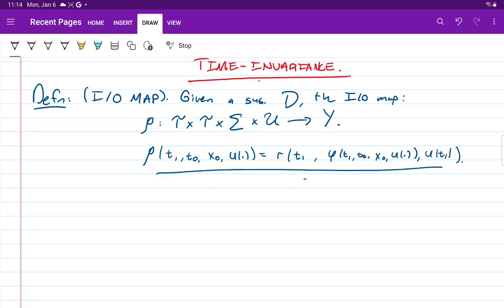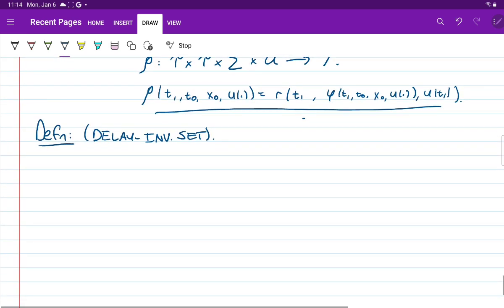Okay, so let's define a delay invariant set. Here inv stands for invariant in this context. So consider a set of signals.